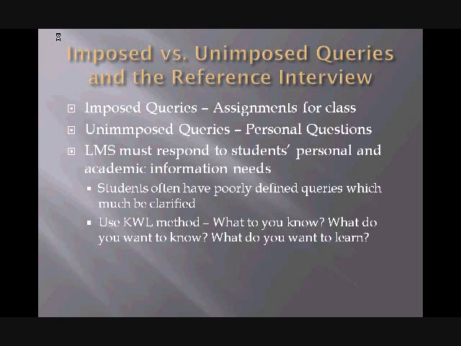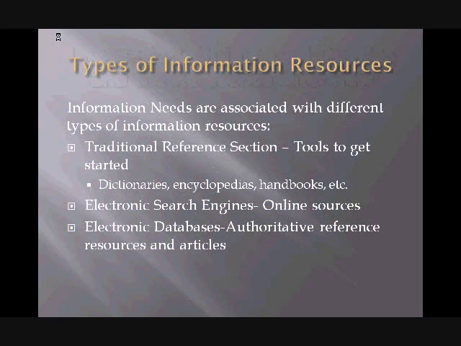Now, there are different kinds of needs and different types of information resources that are designed to meet those needs. Typically, students with an information need would go straight to the reference section of the library to get various tools, a dictionary, an encyclopedia, a handbook, whatever, in order to satisfy their query. Now, however, more often than not, they will use an electronic search engine such as Google to find the answer to their question.